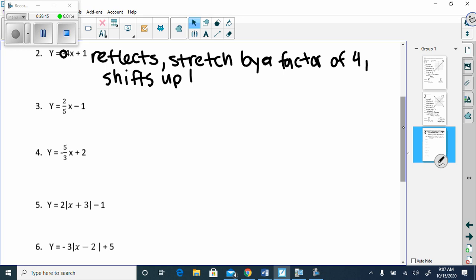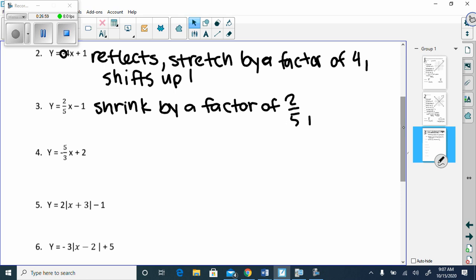Right, smaller than 1. So shrink by a factor of 2/5. Then what else? Good. Shift down what?